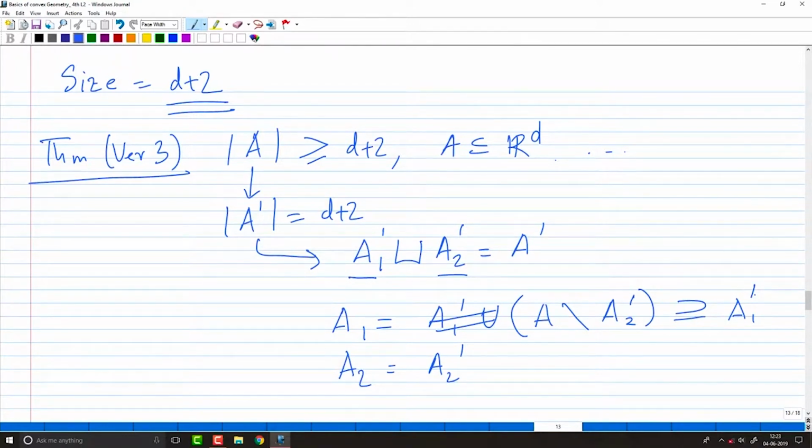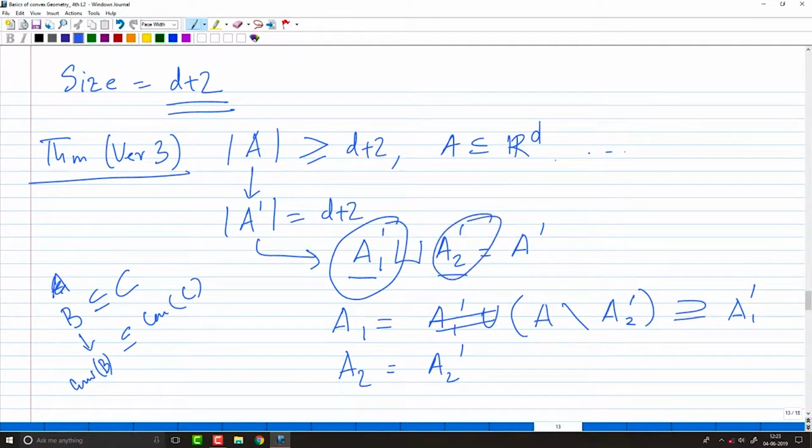See, if B is a subset of C, then the convex hull of B will be a subset of the convex hull of C. Since I know the convex hulls of A1 prime and A2 prime are intersecting, and since A1 is a superset of A1 prime, the convex hull of A1 and the convex hull of A2 prime, which is equal to the convex hull of A2 itself, because A2 prime and A2 are the same, they are also intersecting.